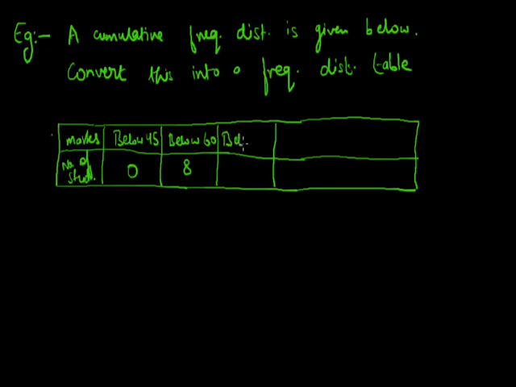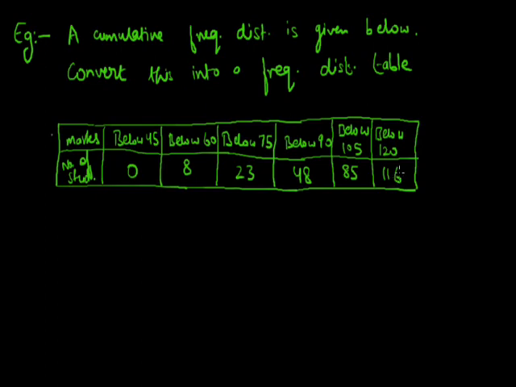Marks below 75, number of students 23. Marks below 90, number of students 48. Marks below 105, number of students 85, and marks below 120, number of students is 116.